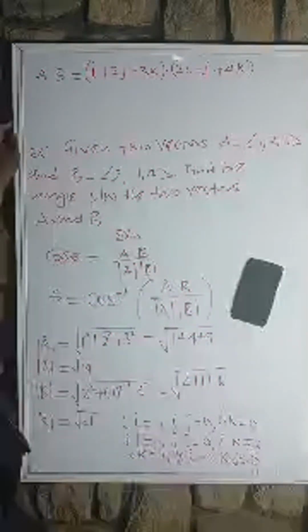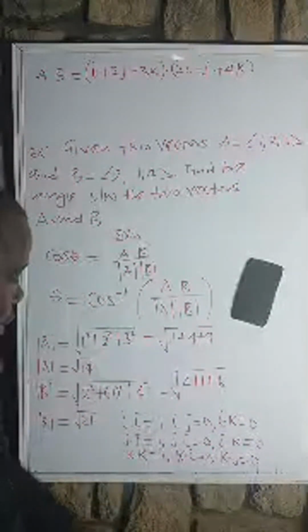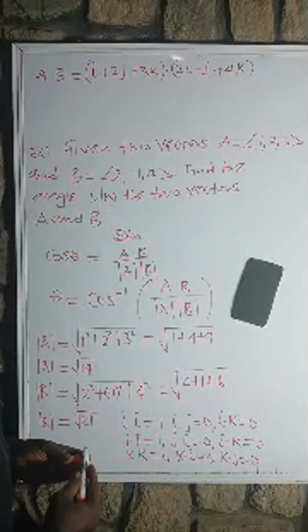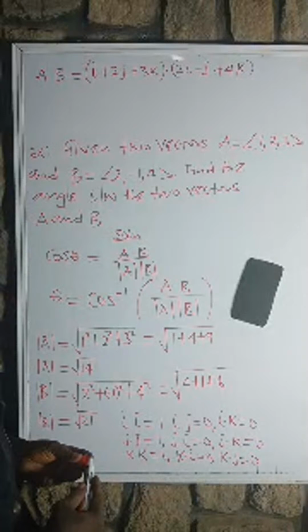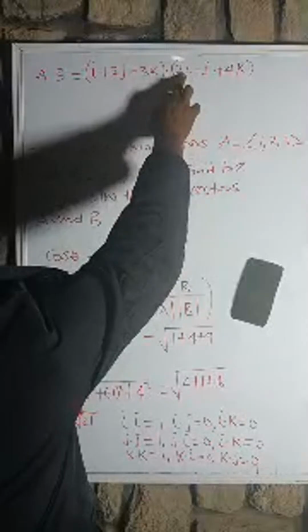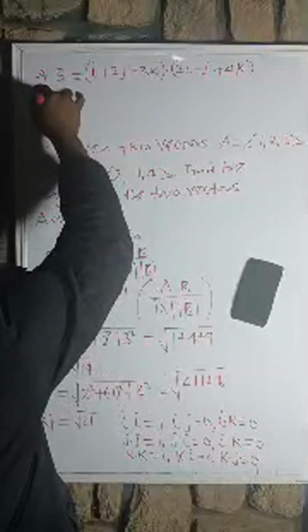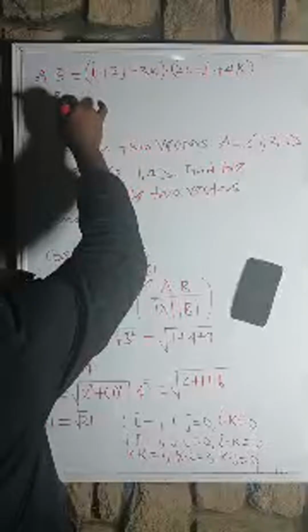So if you agree with me, i dot i will give us 1 times 2, which is 2.